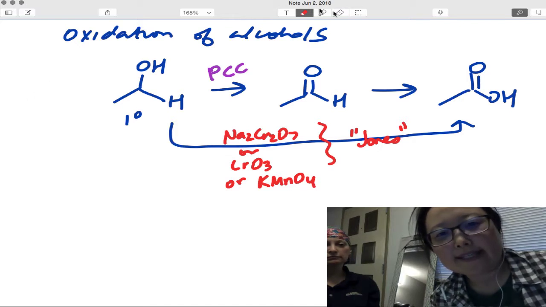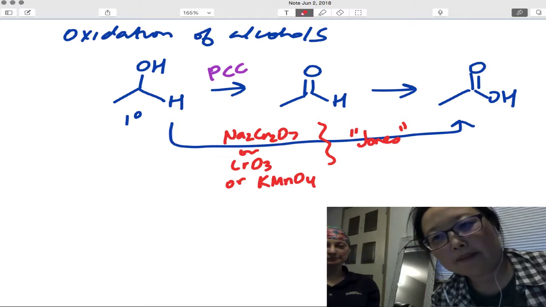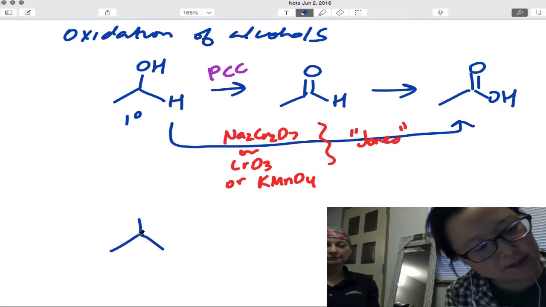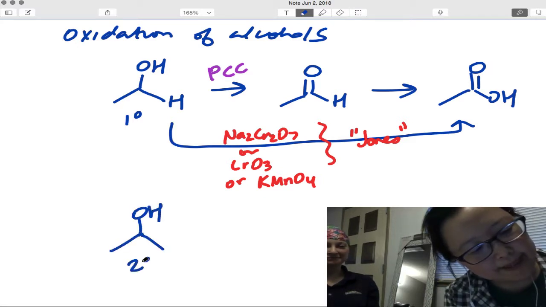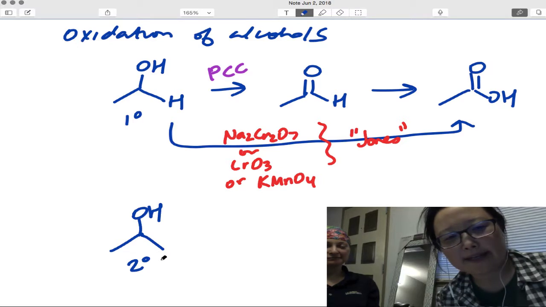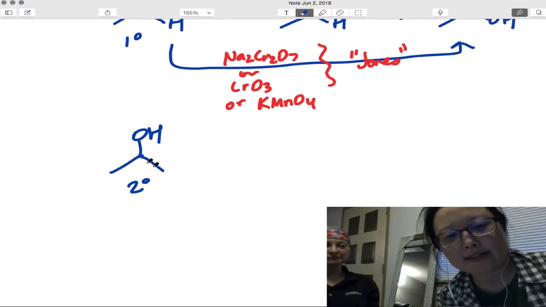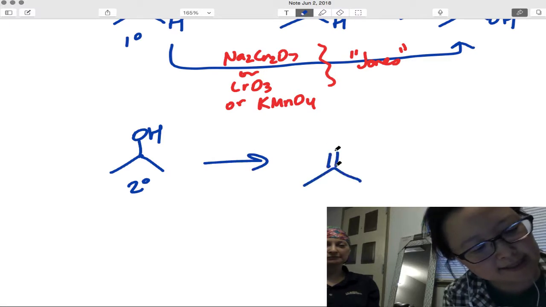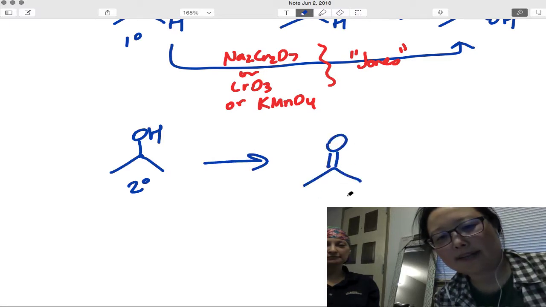If we see a secondary alcohol, then you don't have the option of aldehydes and carboxylic acids. Let's see what's going on here. With a secondary alcohol, you have carbons here instead of a hydrogen that's susceptible for oxidation. So the best you can do with oxidizing this is to get to a ketone.